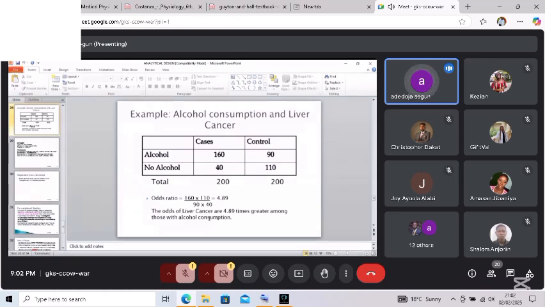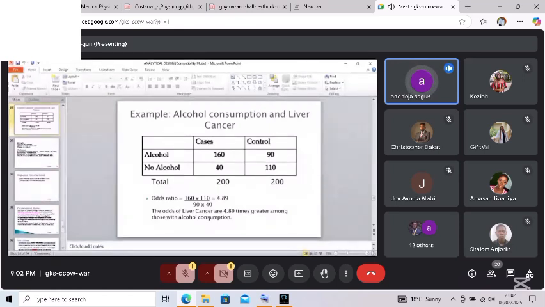The odds ratio now is 160 times 110. That's the people that are taking alcohol that have developed this, which is 160, times the controls of those that do not take alcohol, which is 110. Then we divide the answer by 90 times 40.